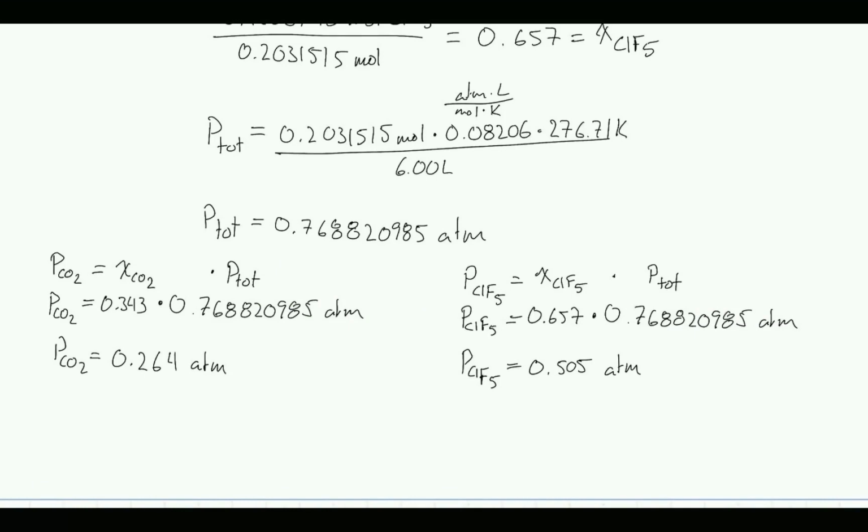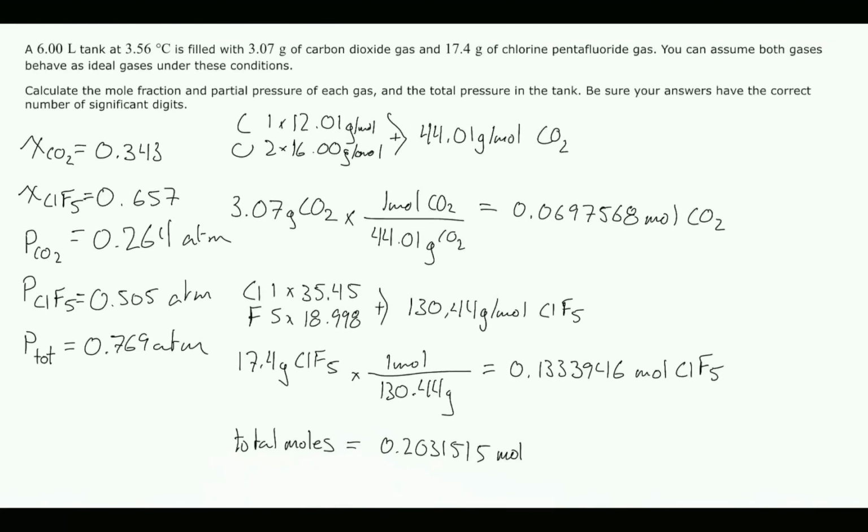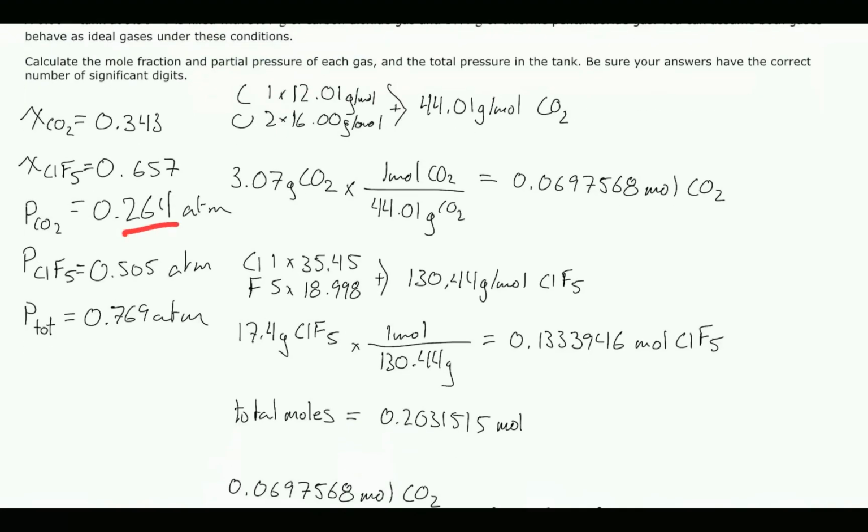Yeah, so you could have just calculated one of these and then subtracted it from the total pressure to get the other one. And if you wanted to check this, in this case, the way I did it, I calculated both of these, so I should be able to add those together and get back my total pressure. So that's a check. And that's actually how I realized that I had done this wrong and gotten the wrong number here, because when I looked at 0.264 and whatever I had there before, I was like, those don't add up to 0.769, but now they should.